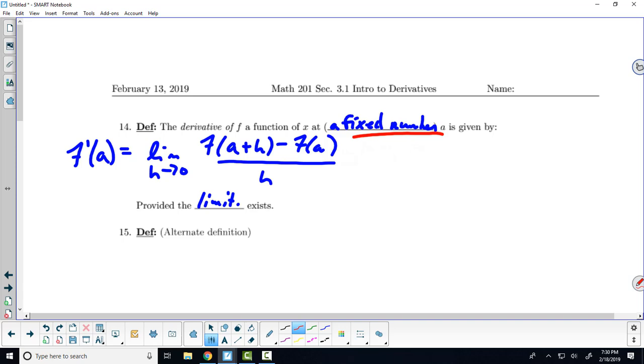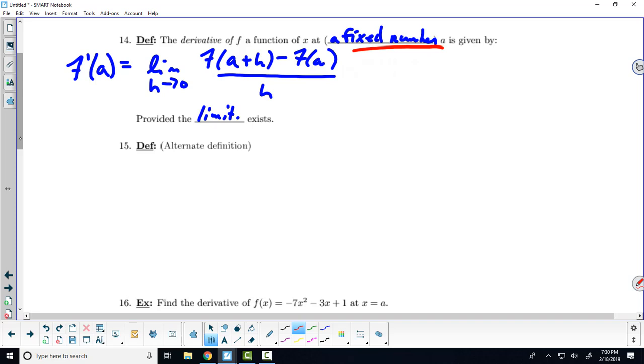In this section, I'm defining what it means to be the derivative at a point. In the next section, we will define the derivative as its own function. And while I won't trip you up in certain instances, there are cases where you need to pay attention to the difference between those two ideas. So I'm emphasizing this right now.